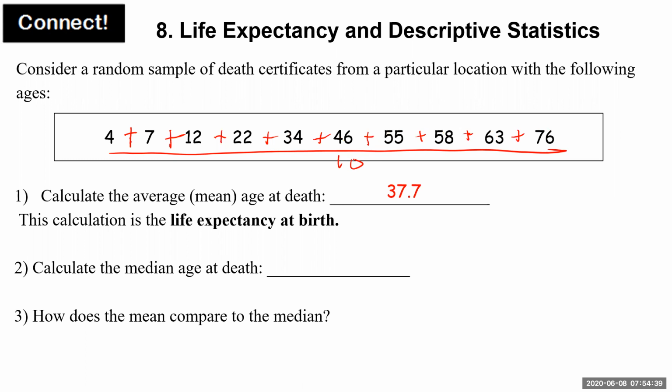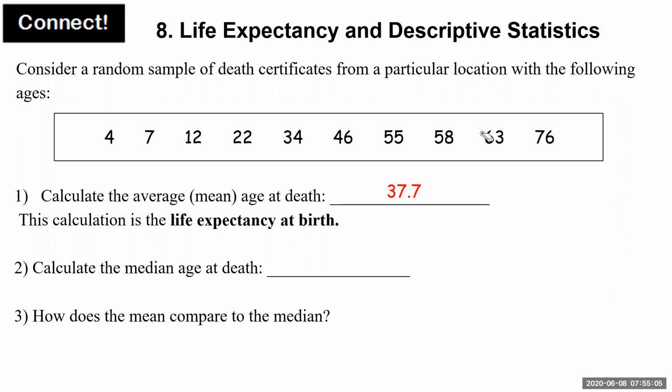Now, we want to find the median. And the median, what is the median here? The number that sits right at the center. Now, you realize that this data set is already arranged in ascending order. So it's already ordered. So order is important for what? For a median.